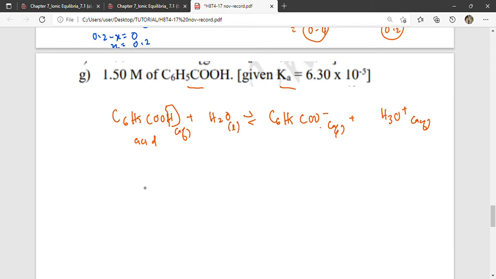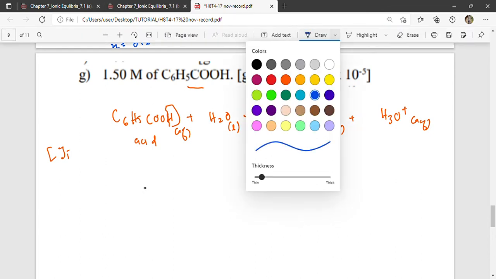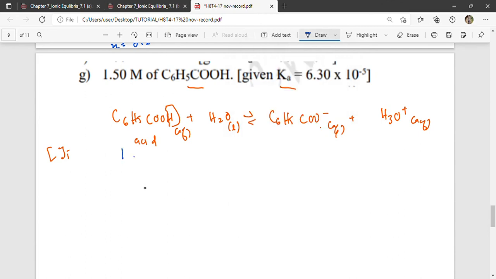Okay, so what we can do here is write the ICE table, the dissociation table for 1.5 molar of benzoic acid. So the initial concentration is 1.5, this one we put a dash, and this one is 0, 0.